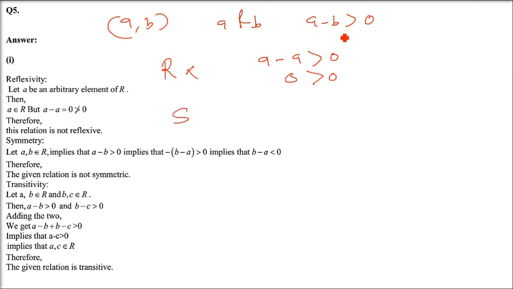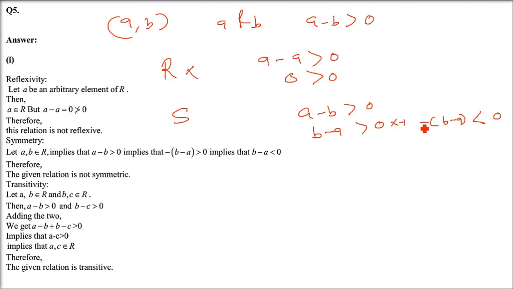Symmetric. Just replace A by B, B by A. So if A minus B is greater than 0, is B minus A greater than 0? No. If you want to check it, just multiply negative 1 on both sides. Whenever you multiply by a negative value, the inequality will change.